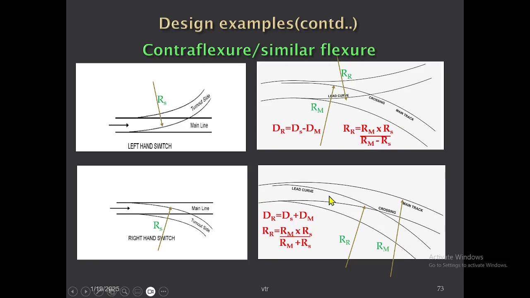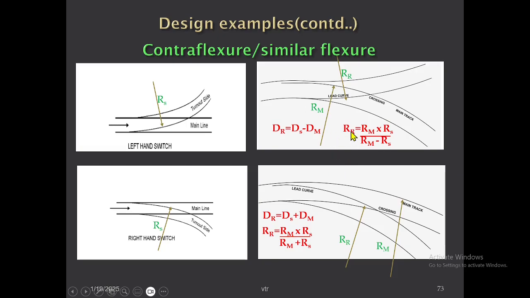So already it has some 8 degree, let us assume, and a further 2 degree of the main, so 8 plus 2, it will become further sharpened, 10 degree. In terms of radius, we write Rr equals Rm into Rs divided by Rm plus Rs. This is the resultant radius.